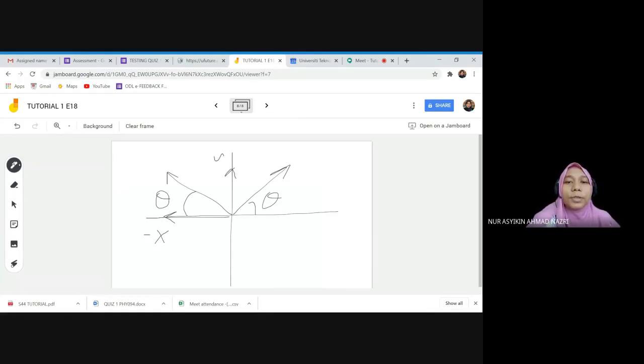Your y is positive. Okay, so your tangent theta will give a negative y over negative x. So your angle akan negative. So the negative here is y because dia kat sini. Dia at this point. Bukannya at this point.